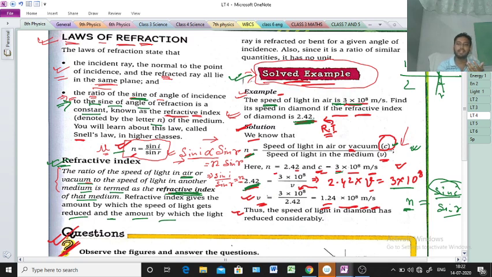If you simplify, you will get v equal to 3 into 10 to the power 8 upon 2.42, which is 1.24 into 10 to the power 8 meter per second. Thus the speed of light in diamond is reduced and the value is 1.24 into 10 to the power 8 meter per second.